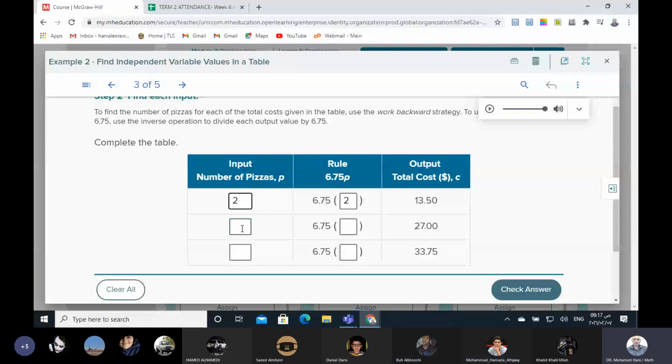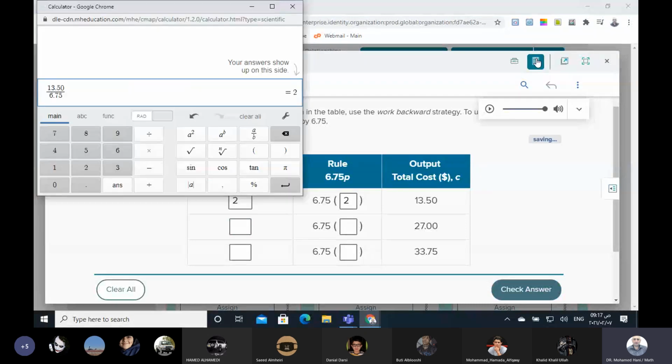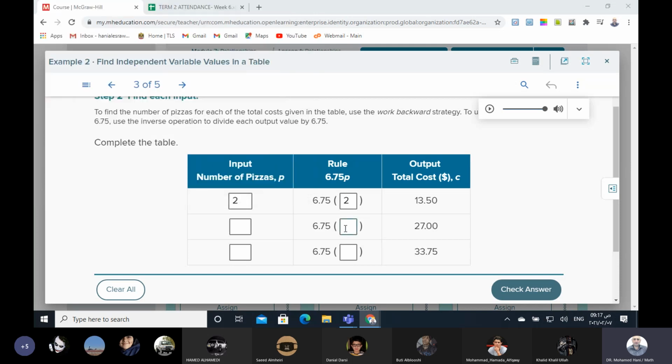Great, Muhammad Hamada. I will add to you 5 marks. Great work today. So we have here 27 divided by 6.75. So the input will be 4. So we can write here 4.